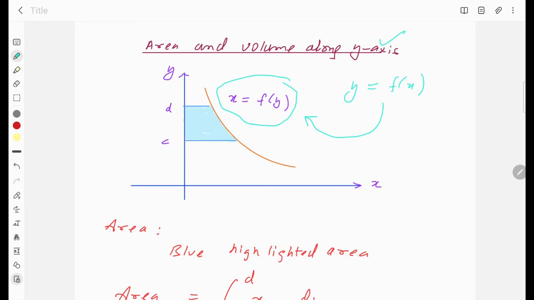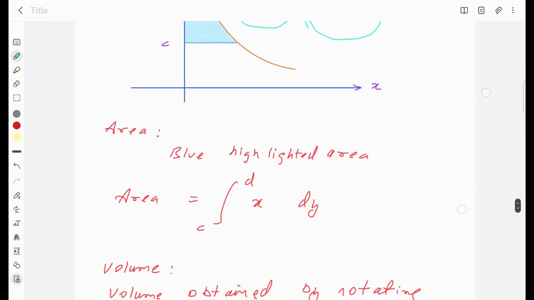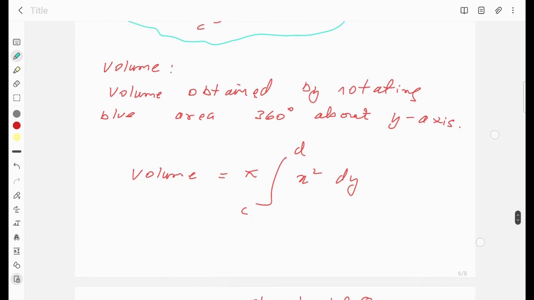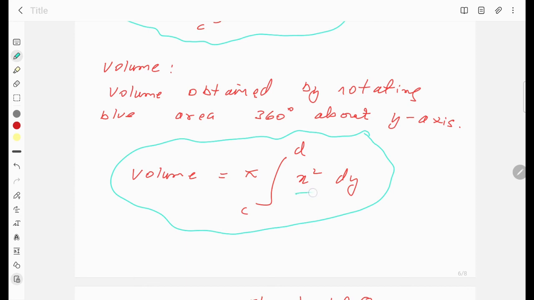And if you integrate for the limit c and d on y-axis, you get the blue highlighted area, that is the area between the curve and y-axis. If you rotate this blue highlighted area 360 degrees about y-axis, you get a solid, and volume of that solid is this. You have to keep this x squared and dy in your mind while doing such questions.